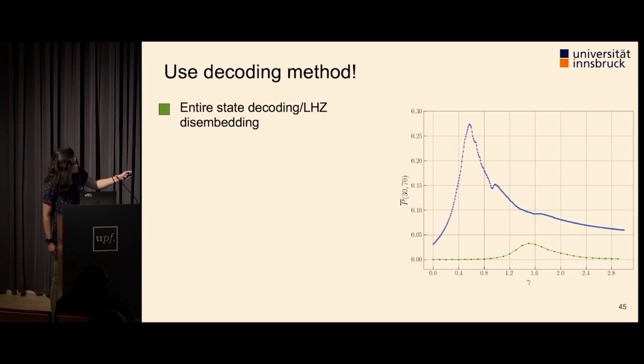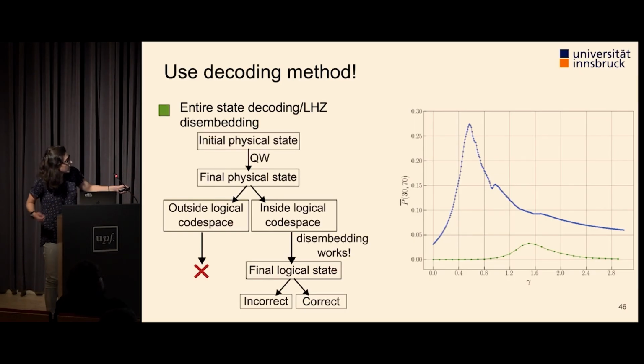And so as a first example, I've looked at our entire state decoding. So in this case, it's simply the opposite of encoding from our initial directly embedded model onto our LHZ embedding. So you could call this also LHZ disembedding. And if I do a flowchart of what's happening here, we start off with our initial state, we do our quantum walk, and we end up in a final physical state.